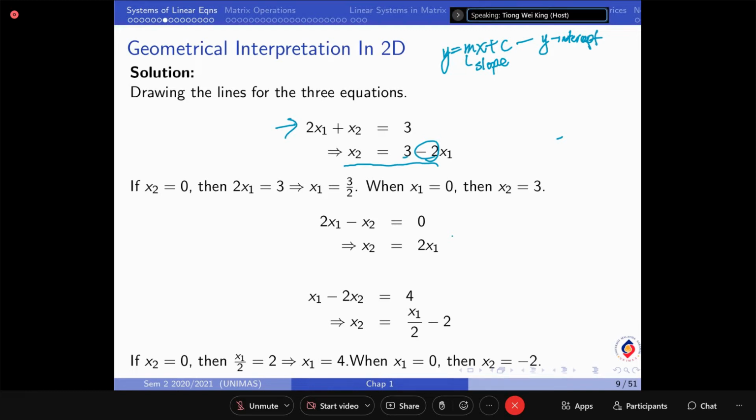If x2 equals 0, then 2x1 equals 3, so x1 equals 3 over 2. When x1 equals 0, then x2 equals 3. So basically we have two points already, then you can plot the straight line.